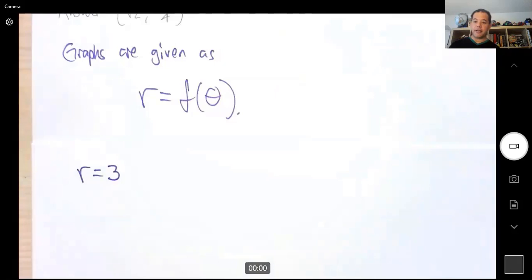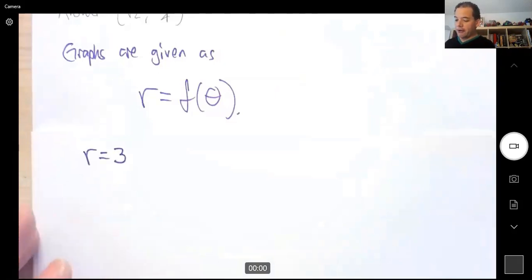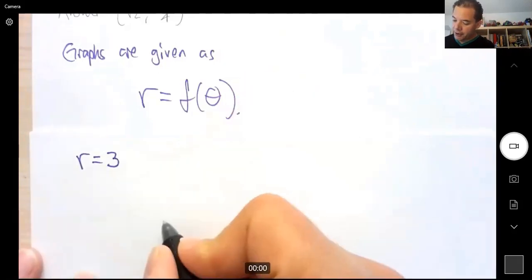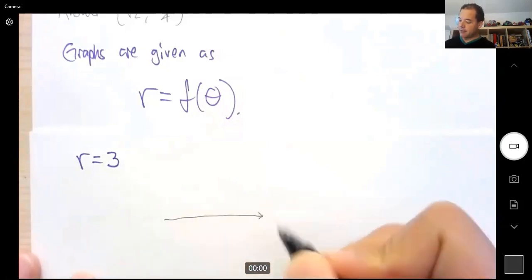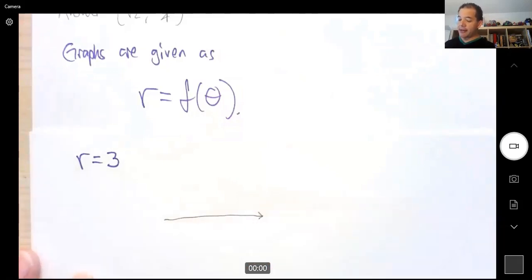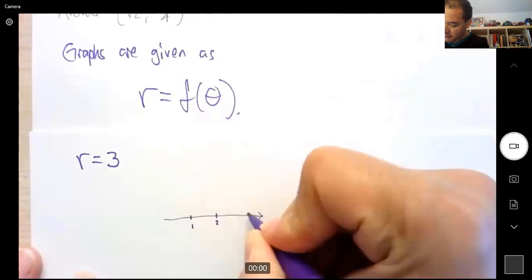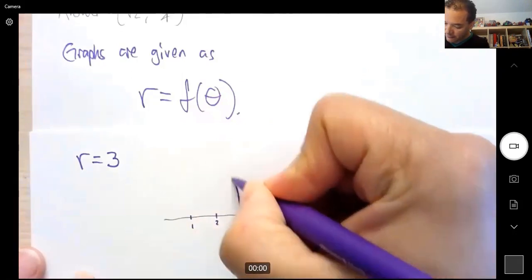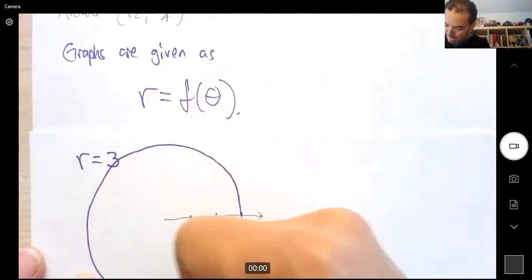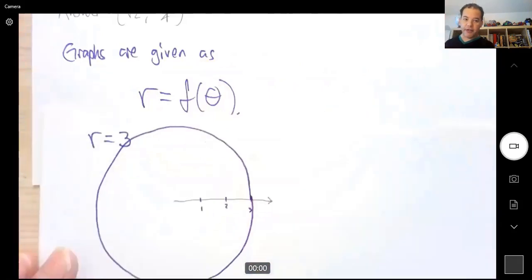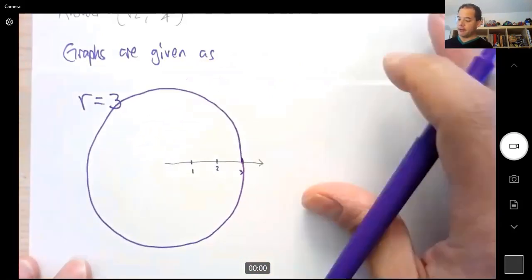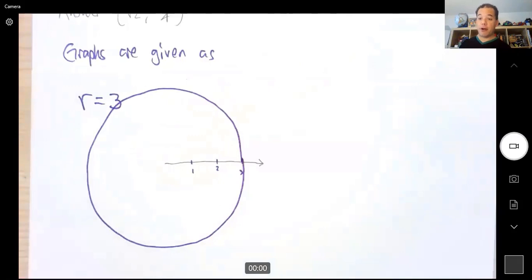Well, that's super easy, right? So for every angle, no matter what angle you give me, I'm going to have a radius of 3. So a radius of 3 means that I'm going to draw a circle of radius 3. And that's it. Very, very simple graph, right? R equals 3. That's the easiest of them all, right?